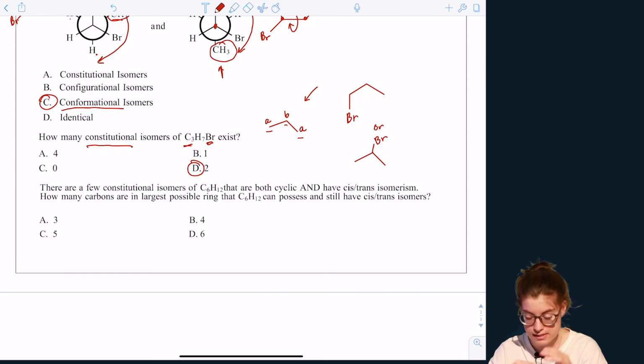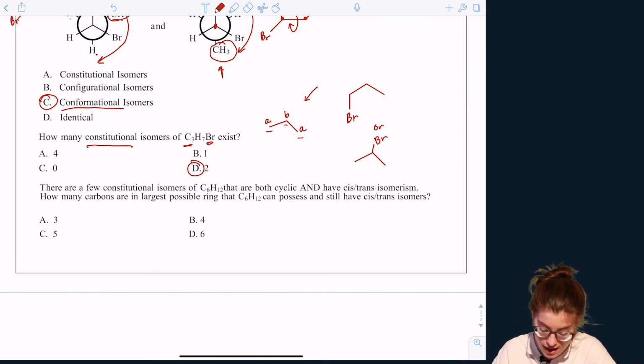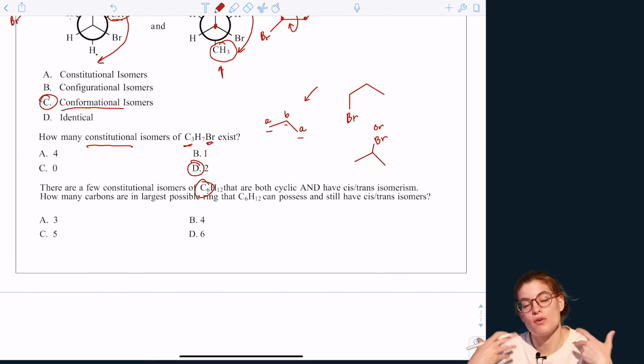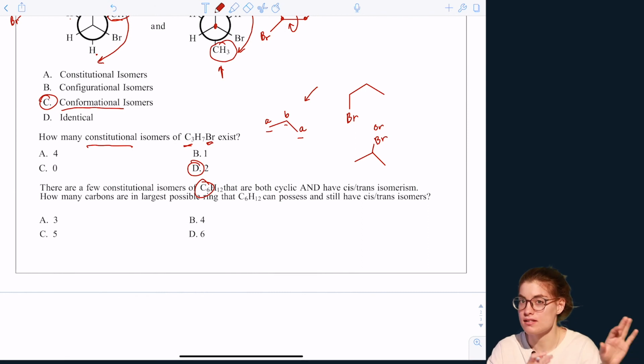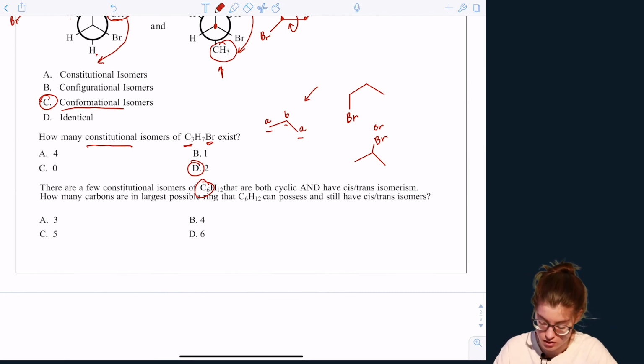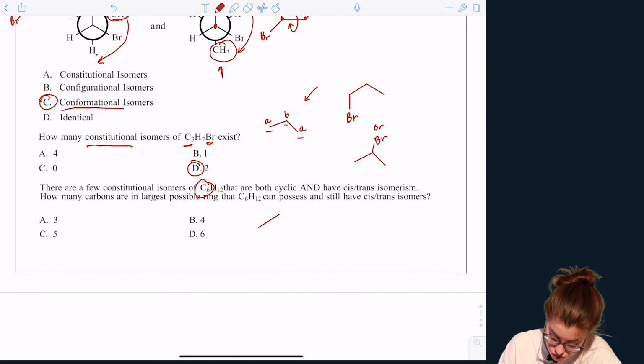So first of all, we have to have a ring, and we only have 6 carbons, okay? So if we have to have a ring, my first assumption is we're going to have the ring-related cis trans isomerism, okay? So I'm not going to be thinking about the double bonds first. I'm going to be looking at this in terms of a ring cis trans.